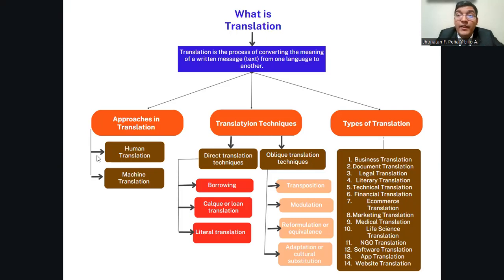They can recognize sarcasm, humor, double meaning of the message, something that a machine can't do. And the advantage of machine translation is that machines translate faster than humans.